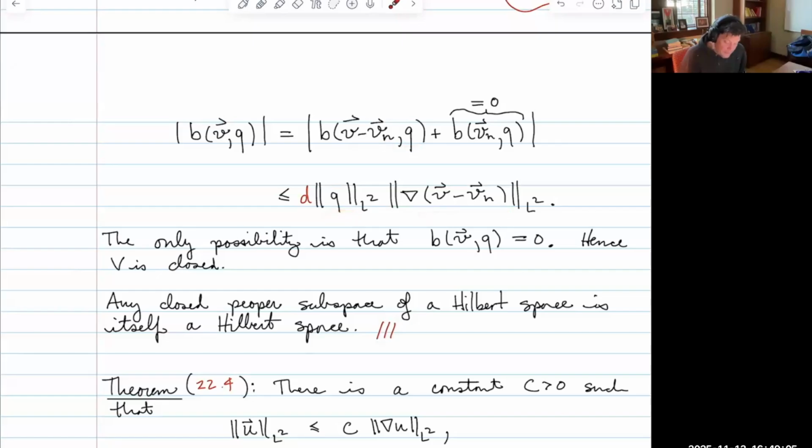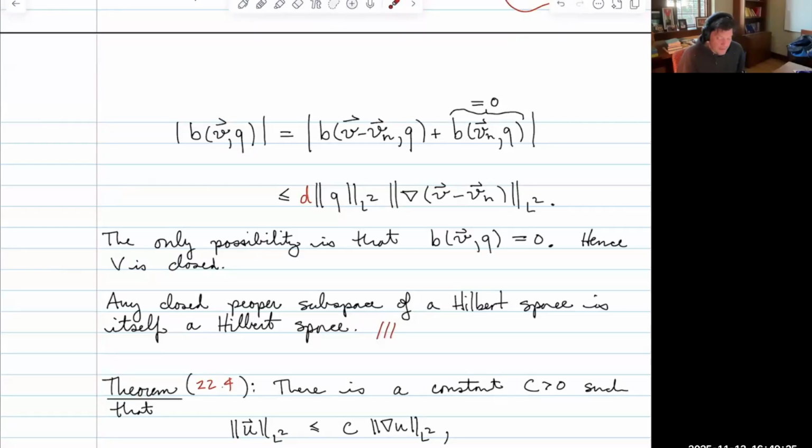But I know that this converges in H1, so that means that this norm goes to 0. Well, what is that saying? That says that this term, which doesn't depend on n, can only be exactly 0. Maybe let's write that as two steps. The first one: the only possibility is that this is exactly 0.